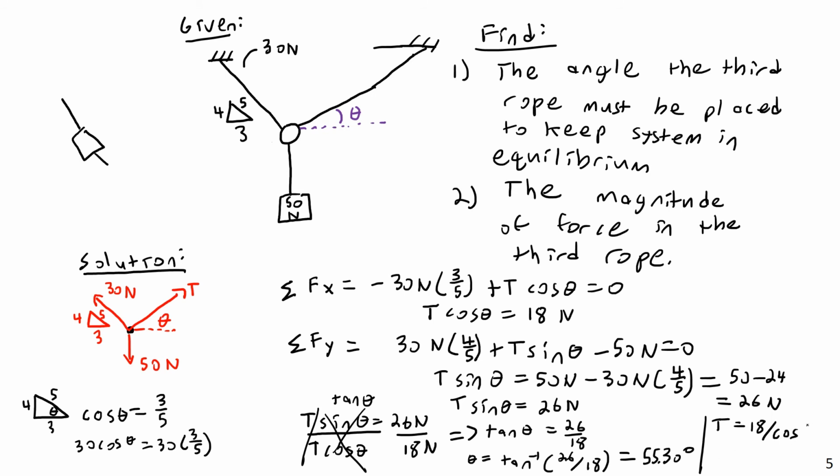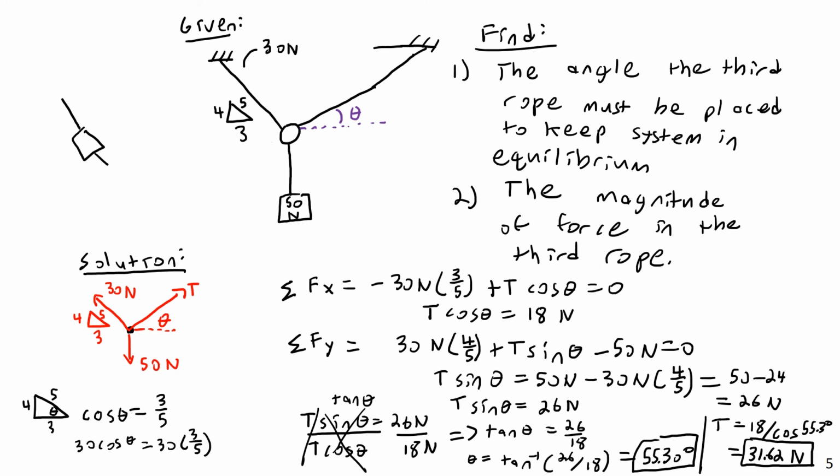The cosine of 55.3 degrees, and that comes to 18 divided by that, 31.62 newtons. So we have the angle and we have the force in the cable. We have succeeded in solving for all the desired quantities.